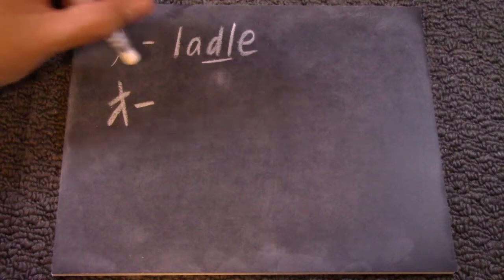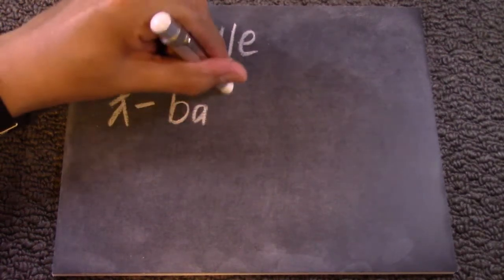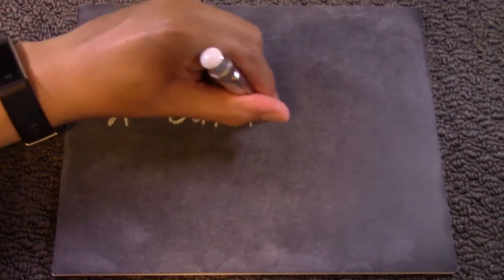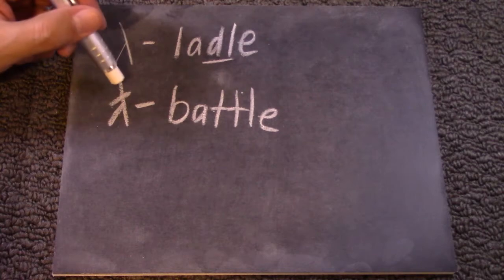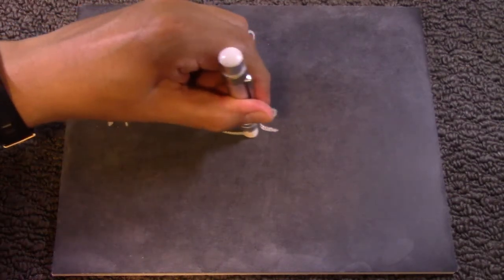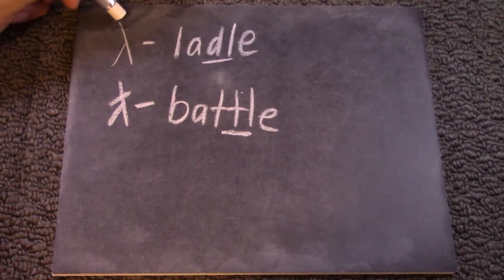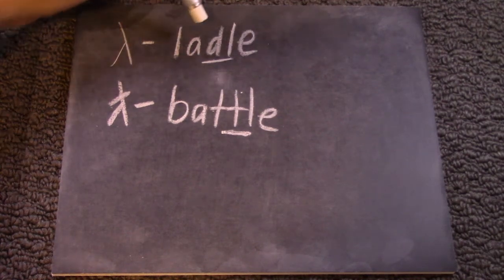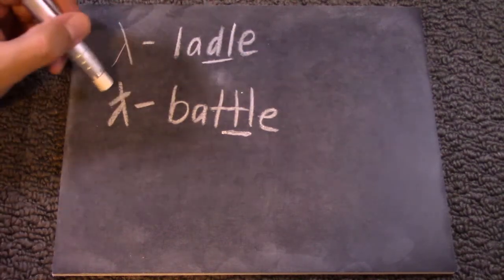With the barred lambda, think of the word battle. You have the T and the L together making a tl sound. So the regular lambda sounds like dla. Barred lambda sounds like tla.